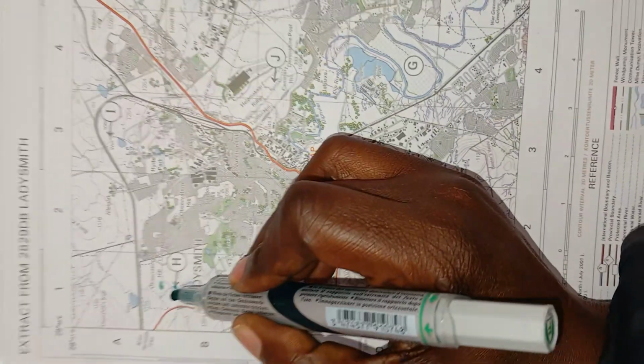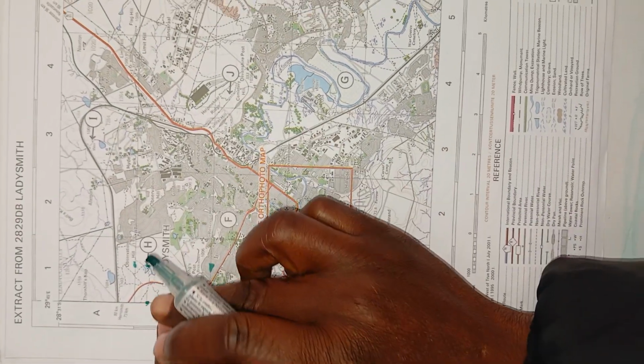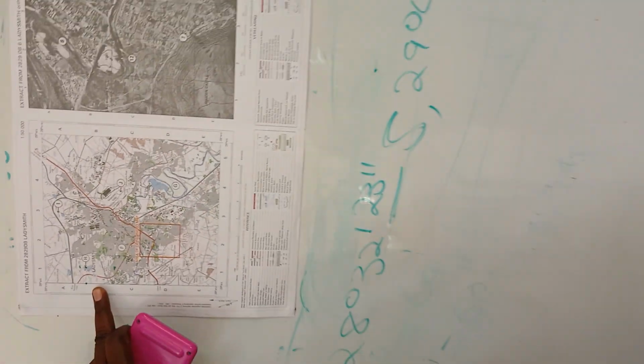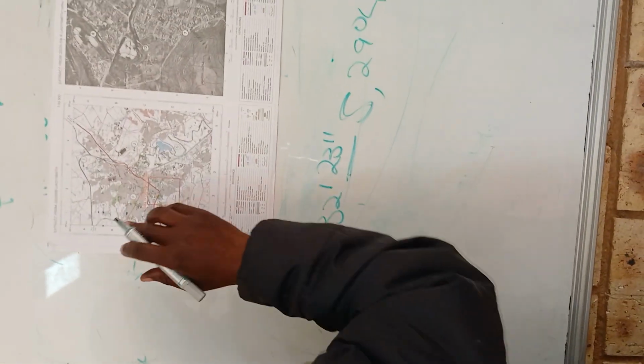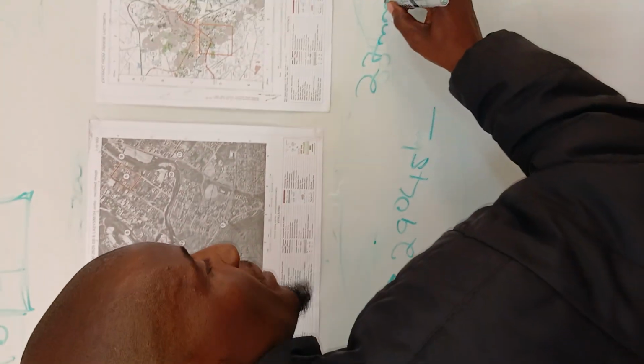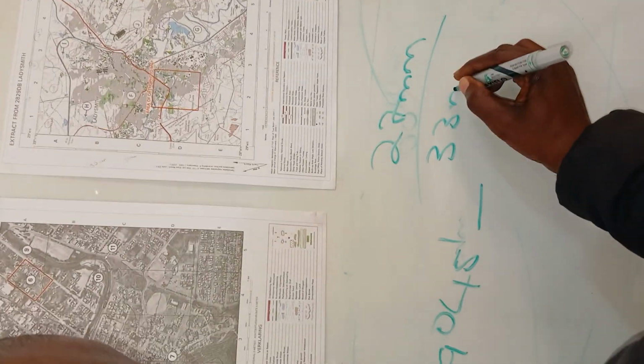I'm going to measure it from here up until where my H is. It's more or less, I would say, slightly above half. I'm going to take it as, let's say, 27 millimeters. Remember, I'm just using this as an estimation. And I know from there up to there it's around 33 millimeters.